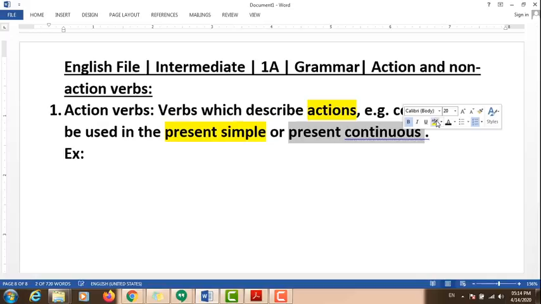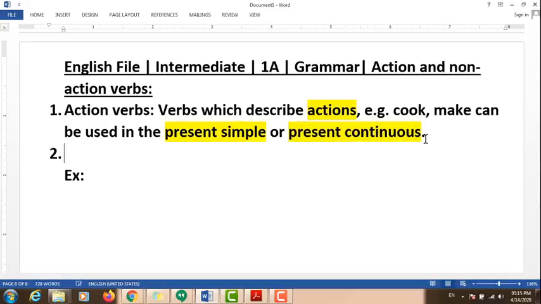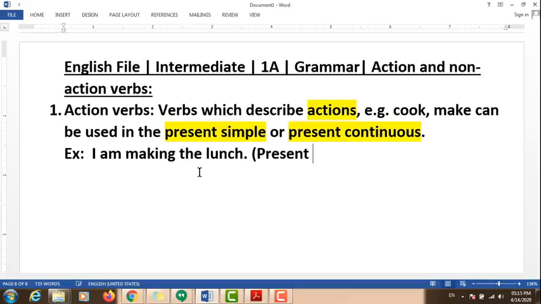Very easy. So for example, let's take an example. Like if I want to use present continuous, I'm making the lunch. I'm making what? The lunch. So here it's what? Present continuous.